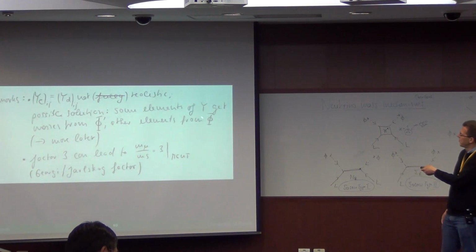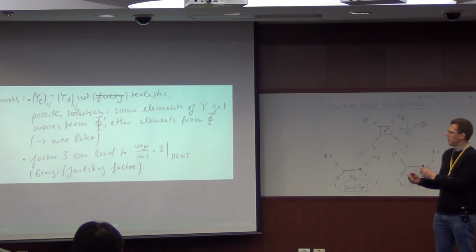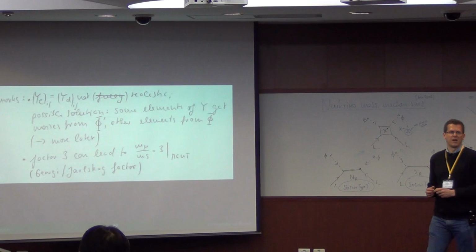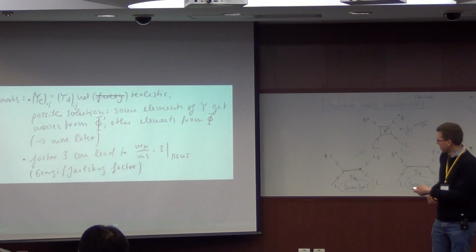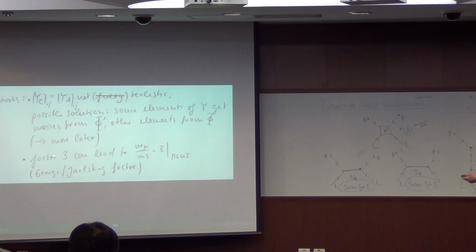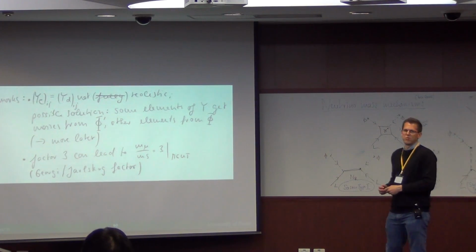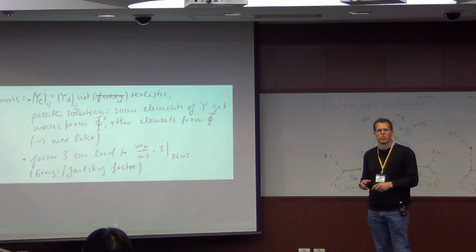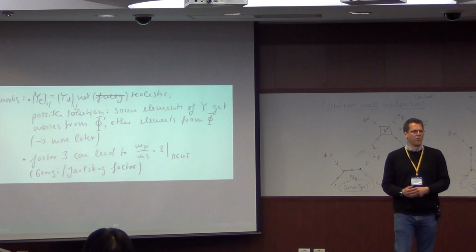When you have certain fields, you can get predictions between these elements up to some group theoretical Clebsch-Gordan factors. Especially this factor of 3 was suggested a long time ago to work very well for the second generation, for the muon mass over the strange quark mass. Because if you plug in such a factor of 3 at the GUT scale and then include renormalization group running, then for a long time this was quite close to what was observed at low energies.